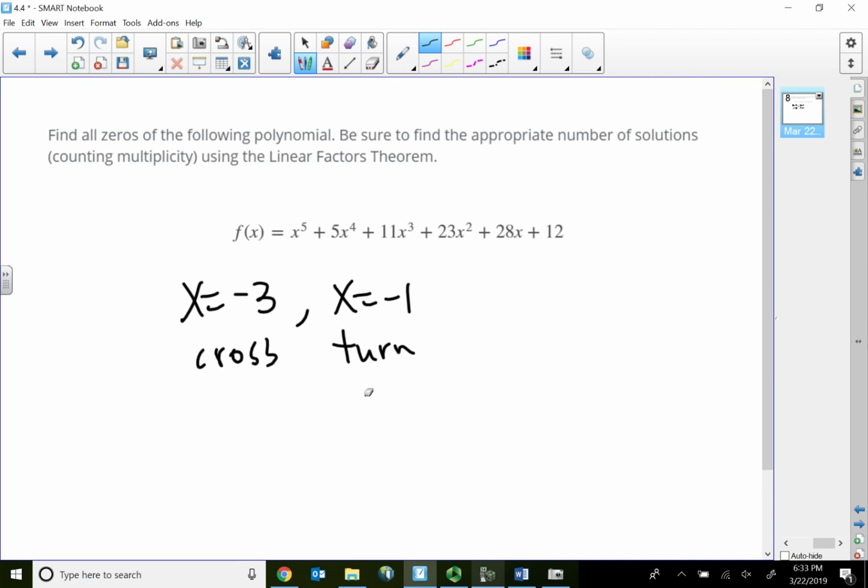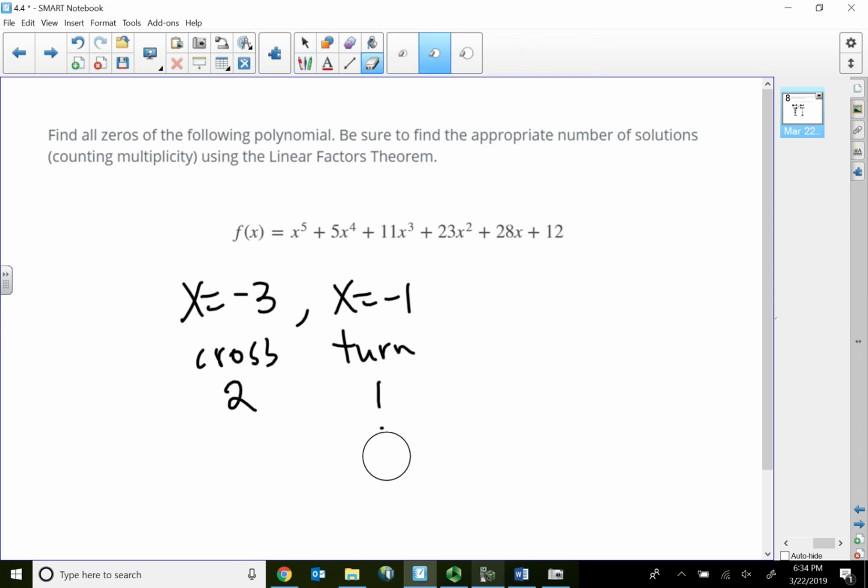Do I automatically assume it's going to be cross at multiplicity 1, turn at multiplicity 2? And maybe I have two other non-real zeros, or maybe this is 4 and that's a 1, or maybe a 3 and a 2. Right? Cross is odd, turn is even. So I don't know.